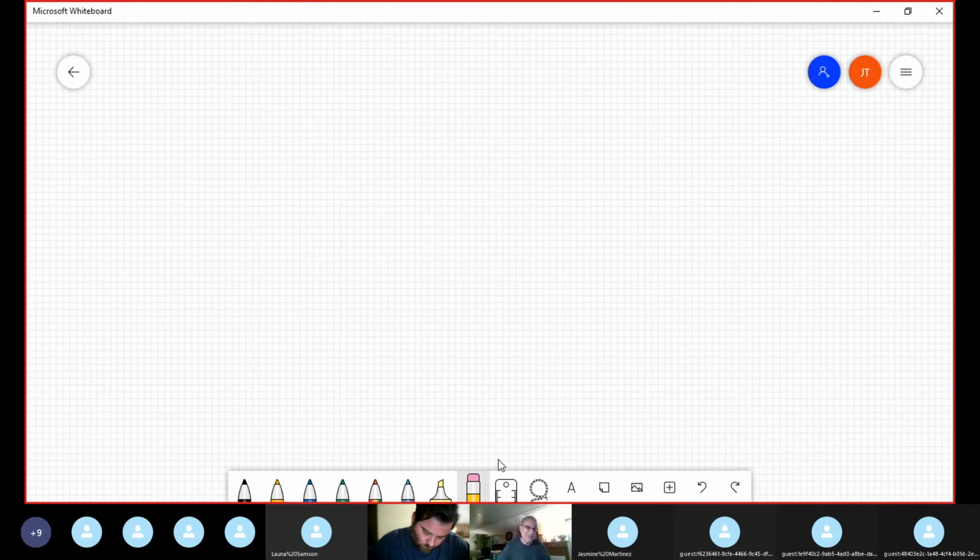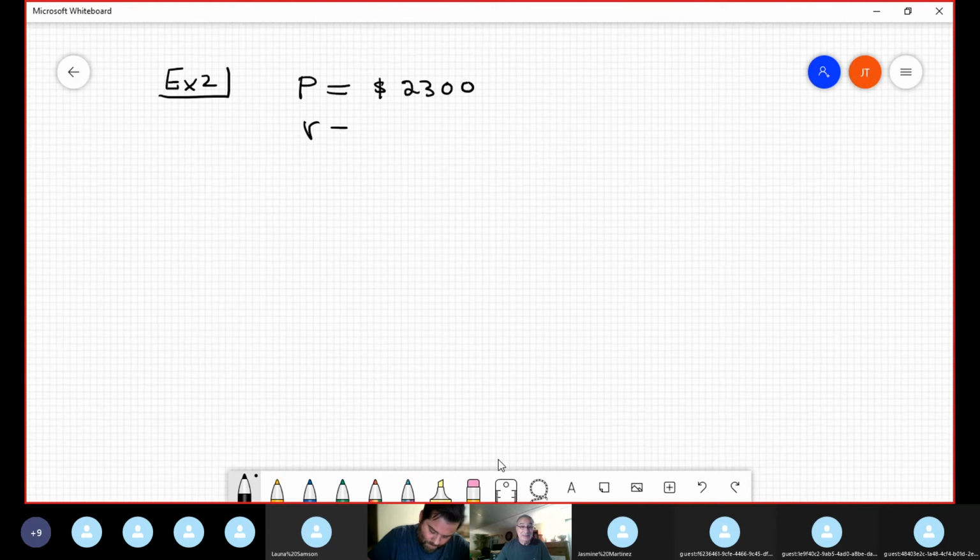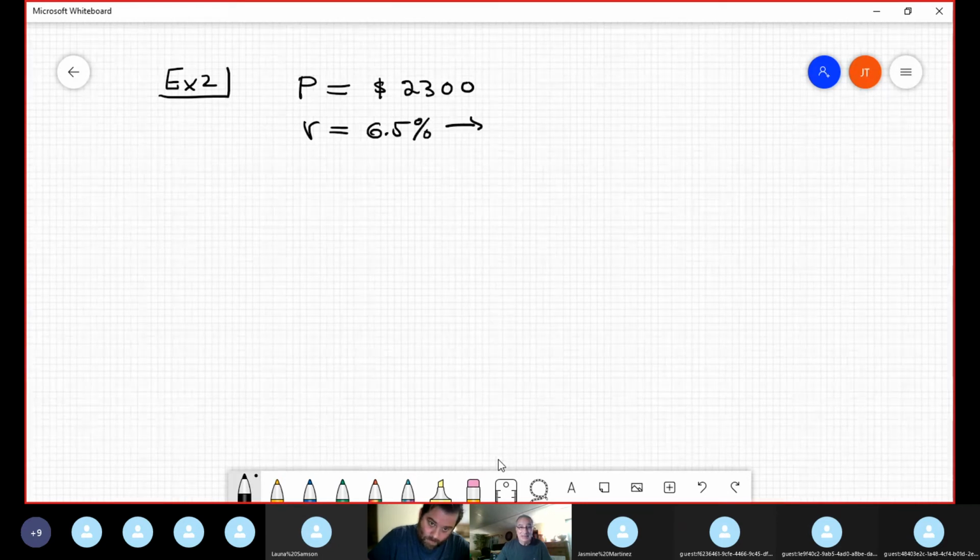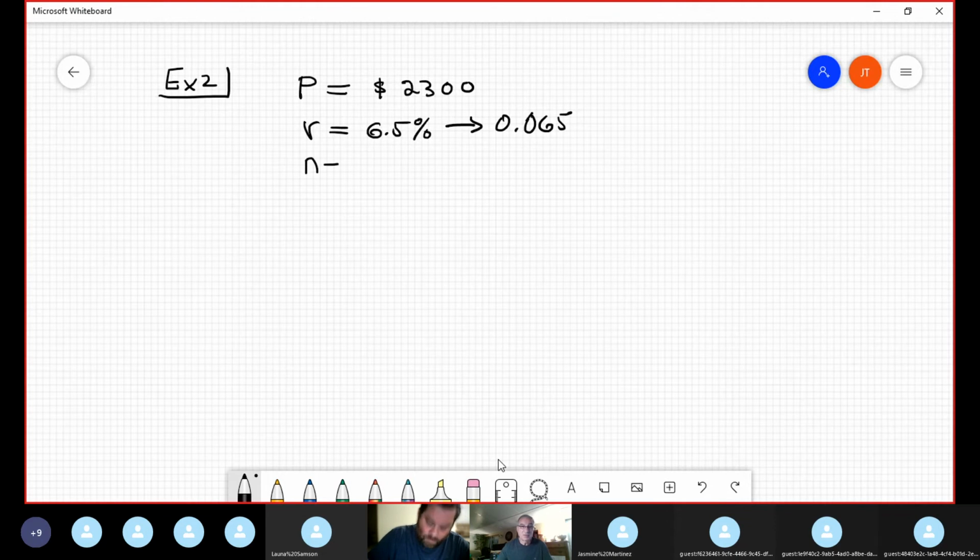You have another problem now, and this problem is a little bit different. In example 2, the present value is $2,300. The interest rate is 6.5%. Automatically, I convert to decimal, 0.065. And this is annually.